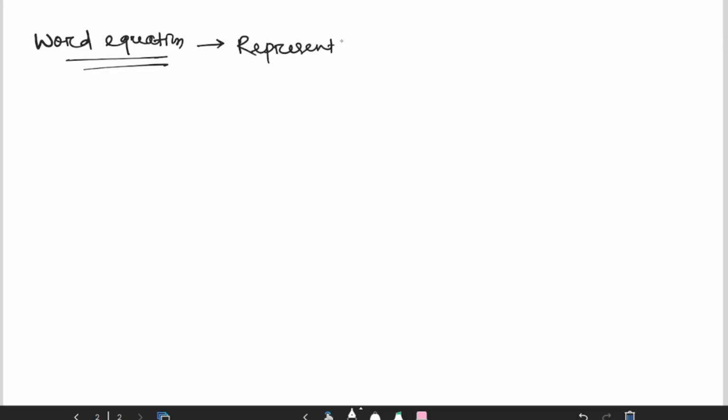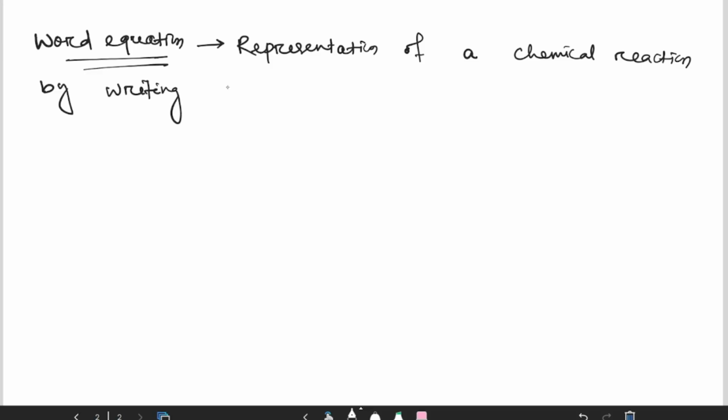Representation of a chemical reaction by writing their names only is called word equation.